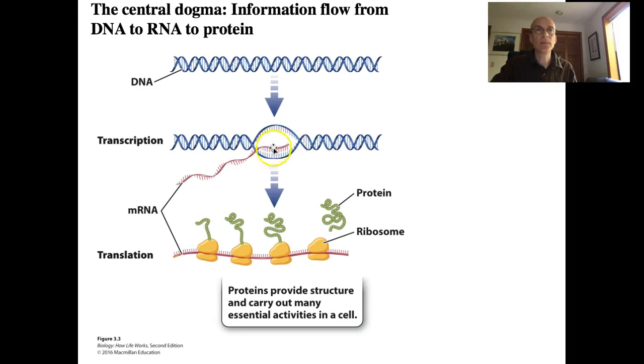So mRNA is made by unzipping the DNA and then producing a single strand of RNA, mRNA in this case, that then, here you see, is translated into the protein, and these are the proteins. So the proteins then can be any kind of proteins.